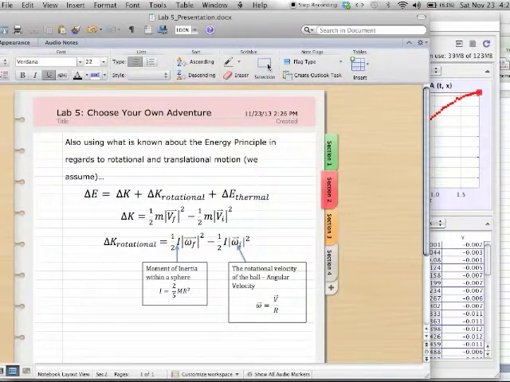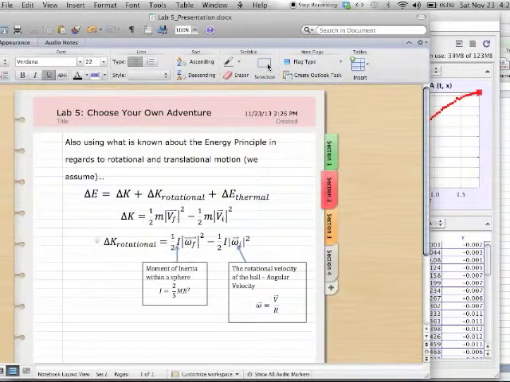be observed by including all energies involved, such as the translational kinetic energy as the ball moves forward, the rotational kinetic energy as the ball rotates, and the energy lost to the surroundings, the carpet, in the form of heat, which is the thermal energy.